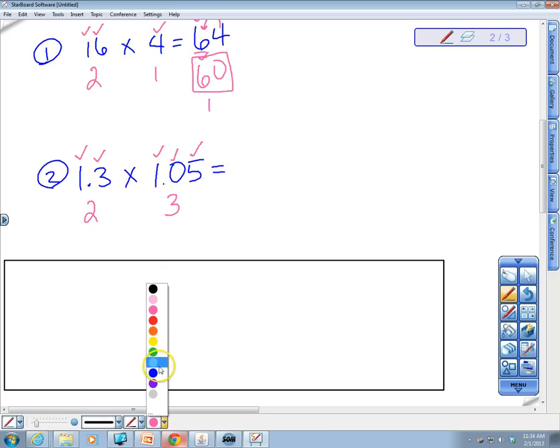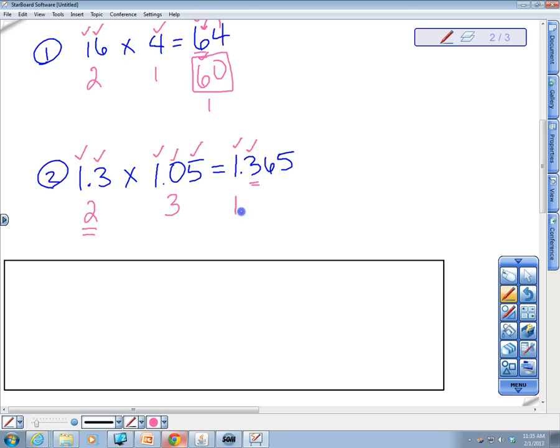When I put that into the calculator, the answer I get is 1.365. But that has 4 significant digits, and I can only have 2. I'm going to start at the left with my first significant digit and count 1, 2. So this is the place value to which I'm going to round.